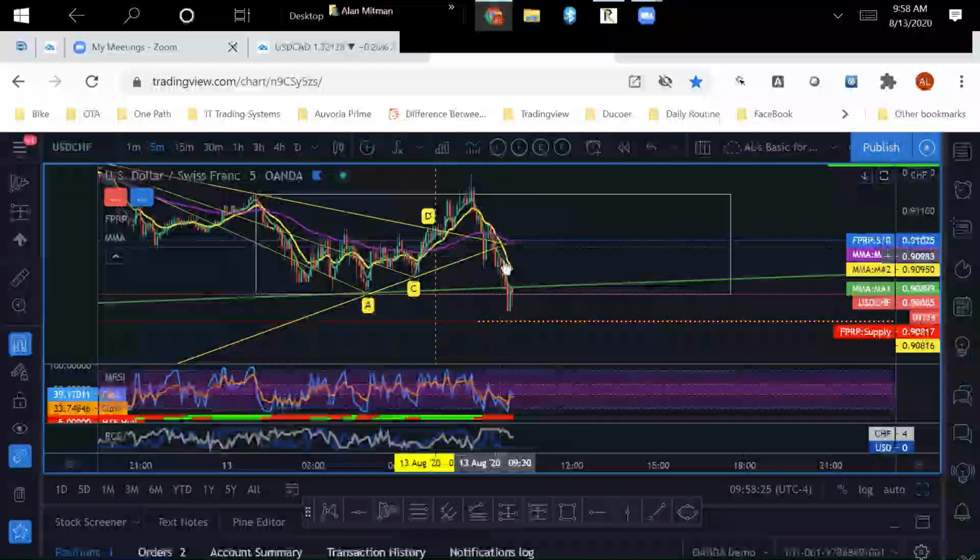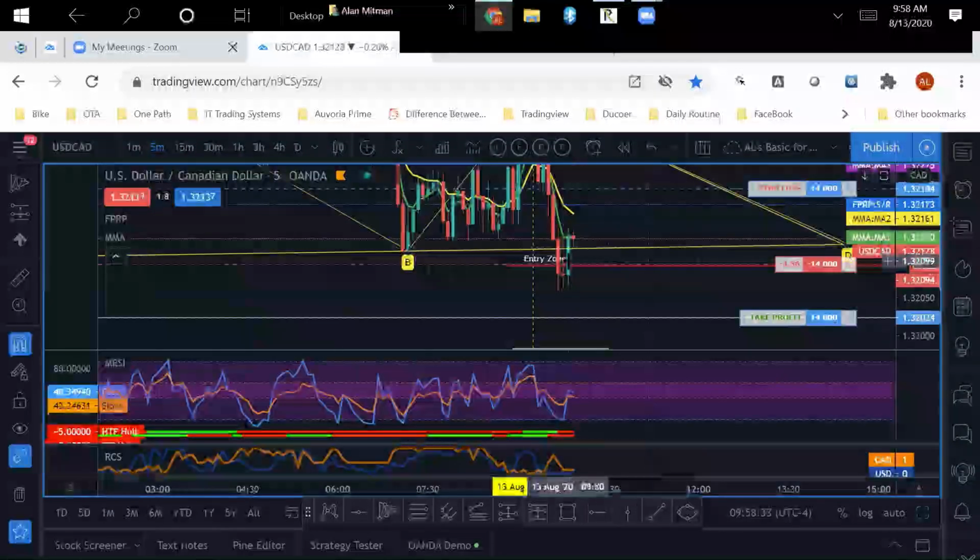We had the break up here. So I got in somewhere over, I'm not sure where I got in anymore. But anyway, I took my profits right in this area. Nice move down. Kind of cleaned out all these sellers here, but right now it's moving, getting into, here's a little bit of wick over wick area.